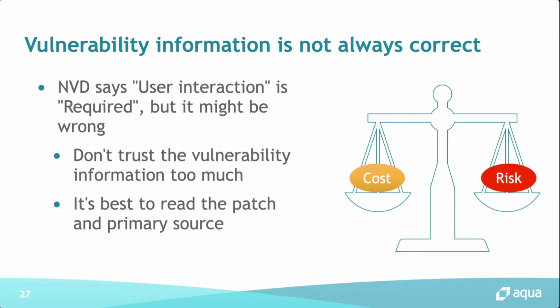The balance of risk and cost is important. If there are many people in a security team and your organization can take the cost of security, you may be able to look into the patches and the primary source of all vulnerabilities. If it's not the case in your organization, you probably need a policy to accept some risk.